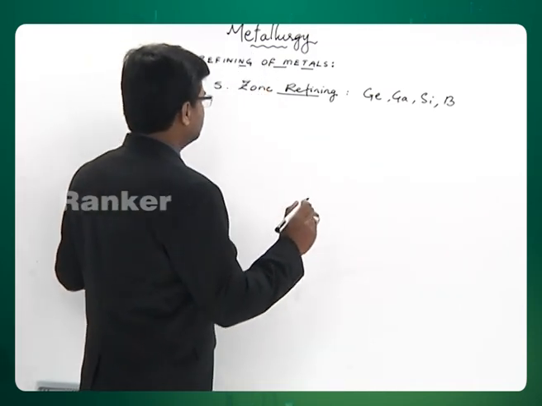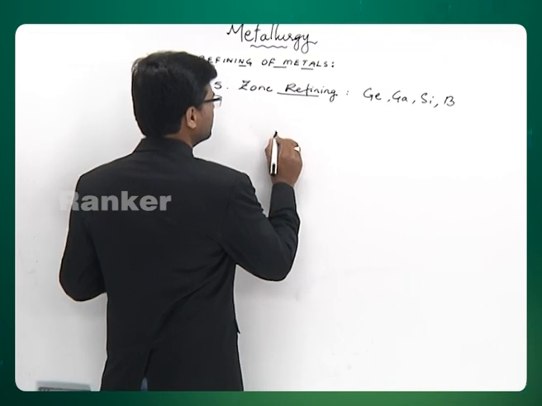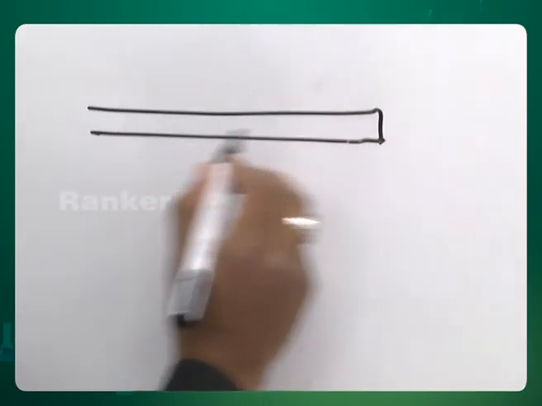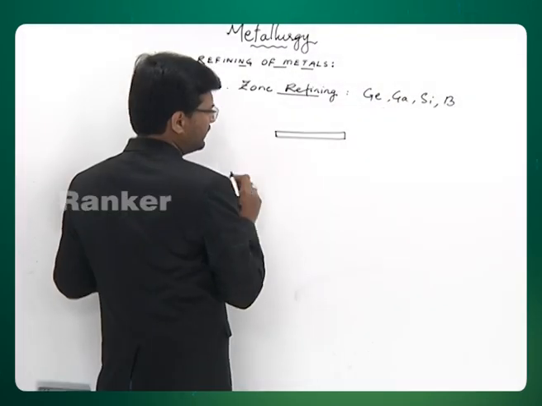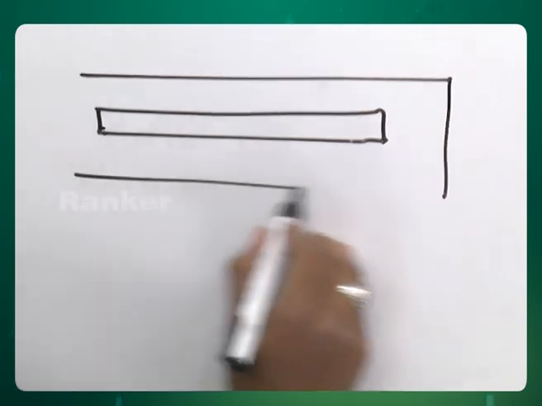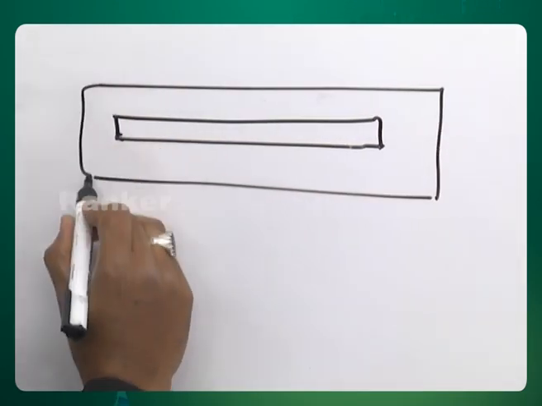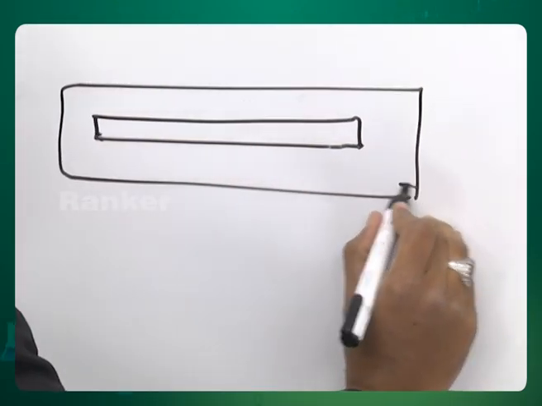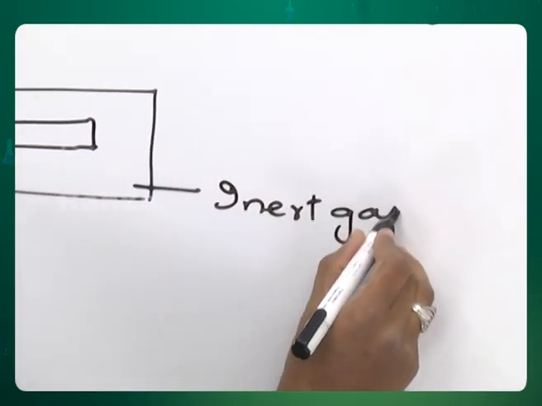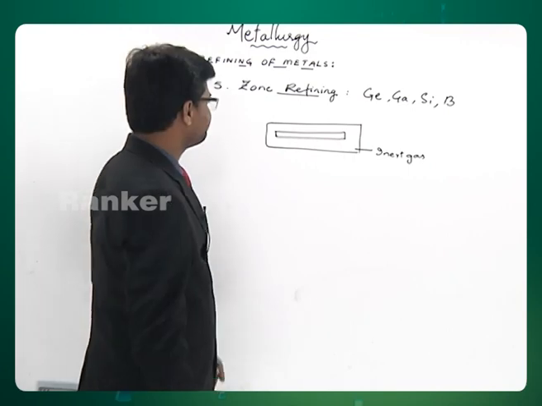Zone refining. Here, the metal is transformed into a rod, and then this is placed in a chamber. In this chamber, we have inert gas, say neon.